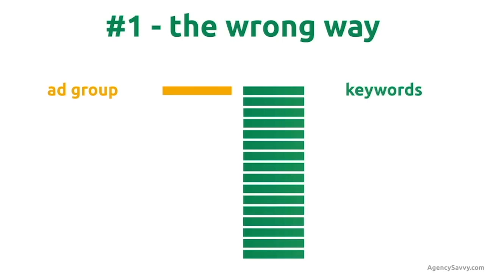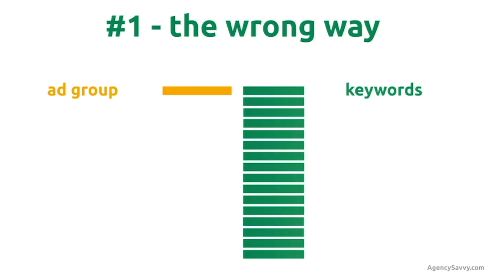All right, the wrong way to do ad groups is essentially one big bucket with a whole bunch of keywords in. Now, the reason this is wrong is there's going to be a lot of different types of keywords. If we have 100 keywords in one big bucket, we can't possibly show the best ad to each of those people. They're all searching for different things, probably quite big differences in those things. Again, let's just stick with the Samsung TV and the Sony TV. We could have one ad that says, we sell every type of TV.